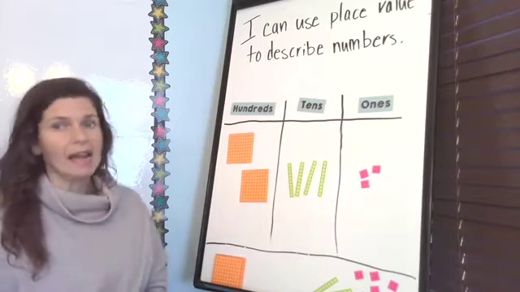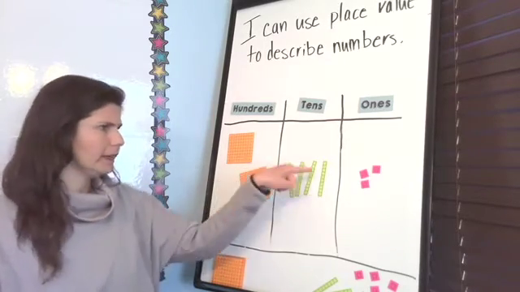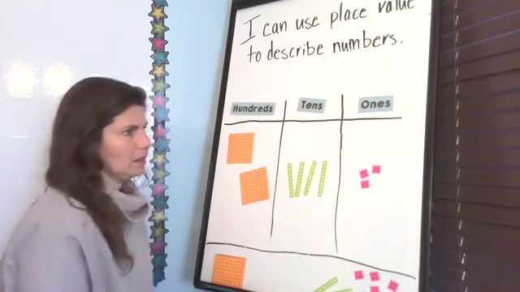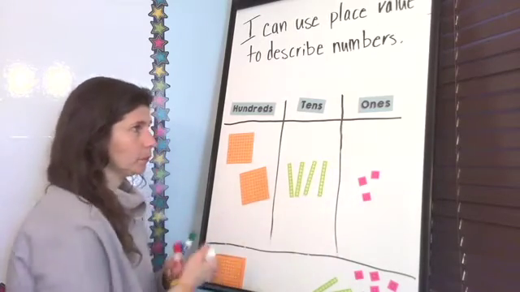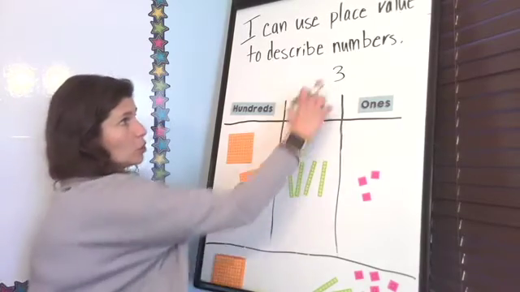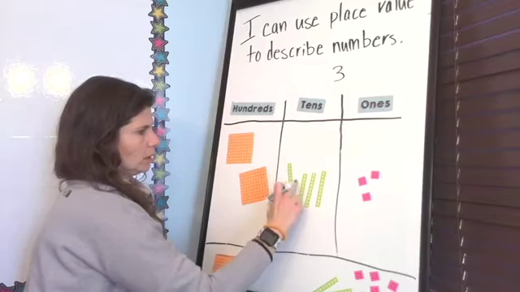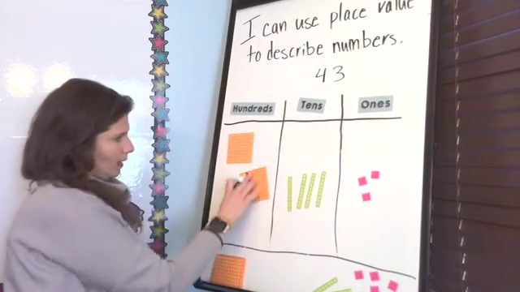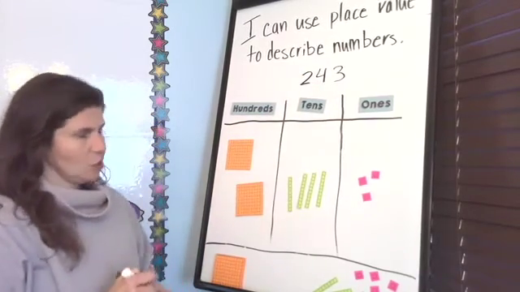Now, you can count every little square here and here and here and here. But let me show you the easy way, okay? We start with the ones and we just count. How many do we have here? 1, 2, 3. So you write a 3. So in the 10 spot, which goes in front of the 3, let's just count these. 1, 2, 3, 4. 4. And then how many hundreds? 1, 2.